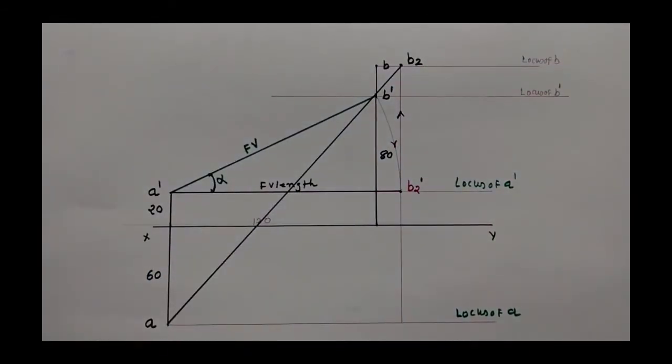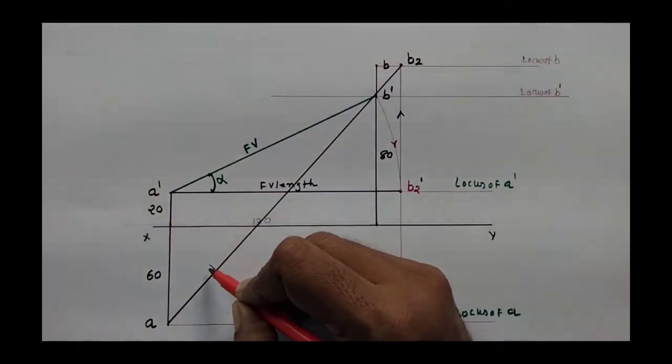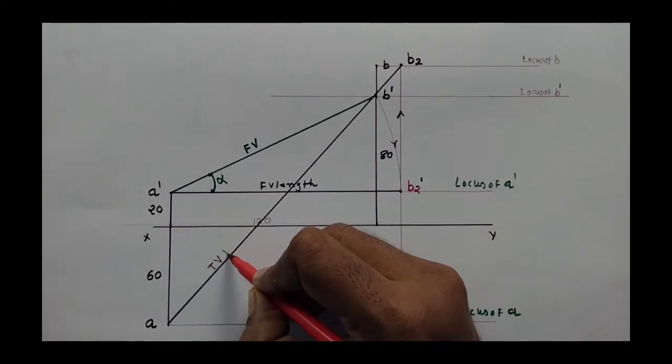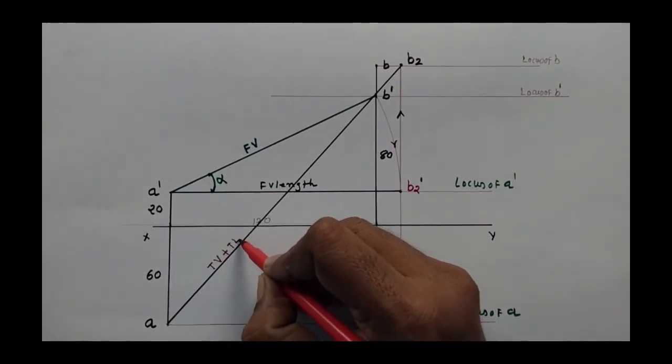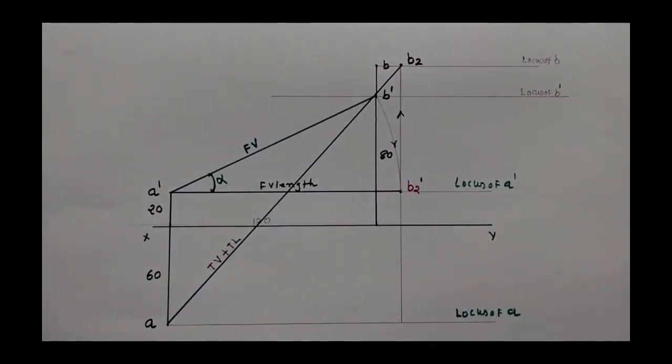It is called the top view plus true length. And the line inclined to the XY line is called phi. Line inclined to VP. It is our answer.